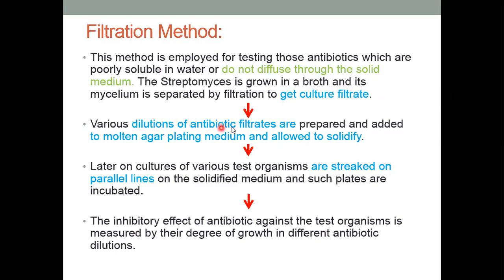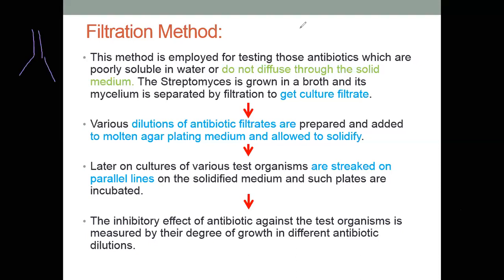Now various dilutions of antibiotic filtrates can be made, and then you add them to molten agar, and once you add them to molten agar, that agar would solidify, but the agar would contain the antibiotic, right?